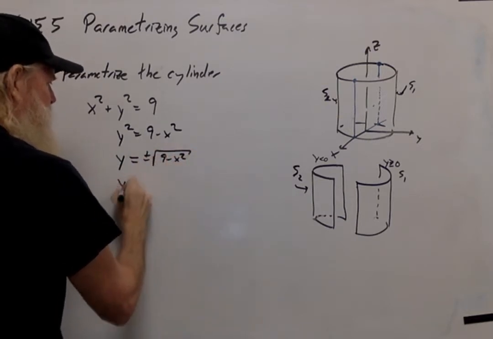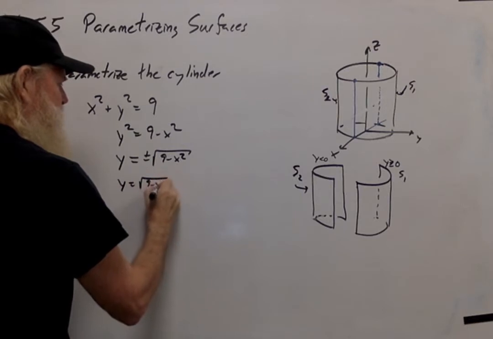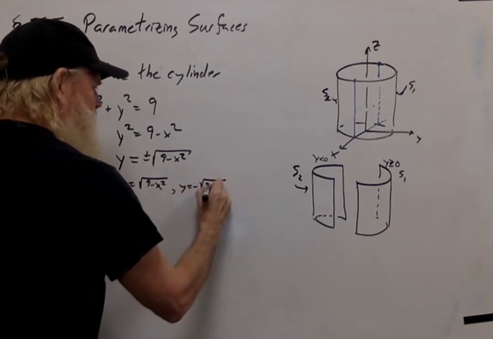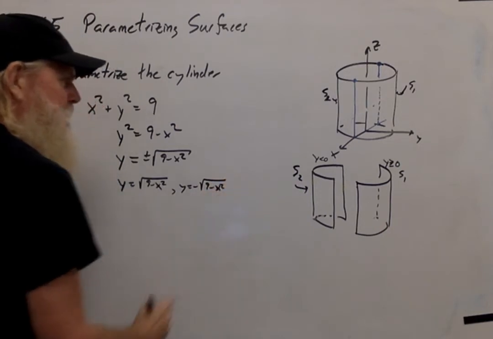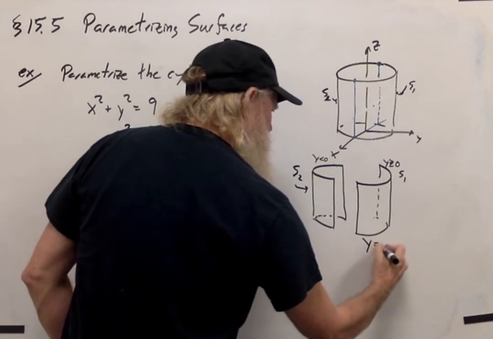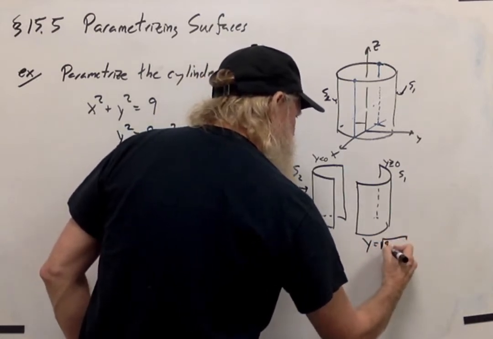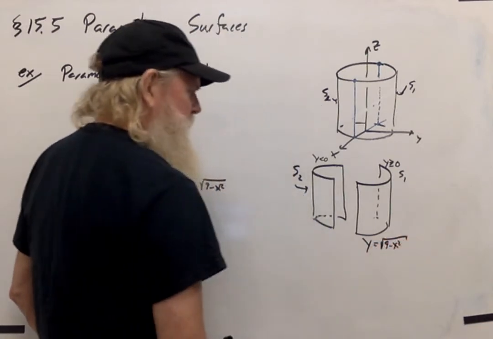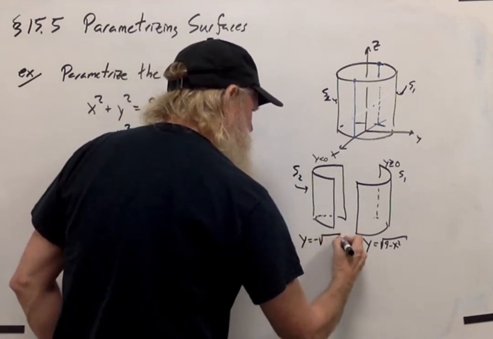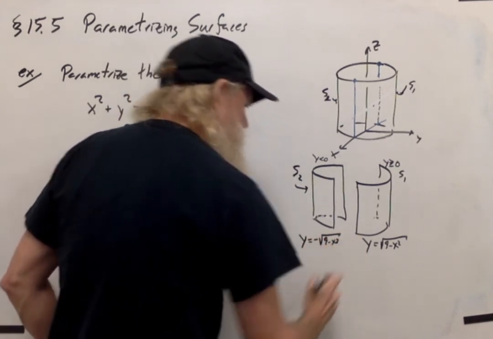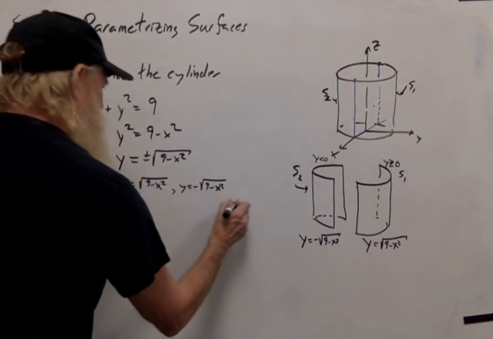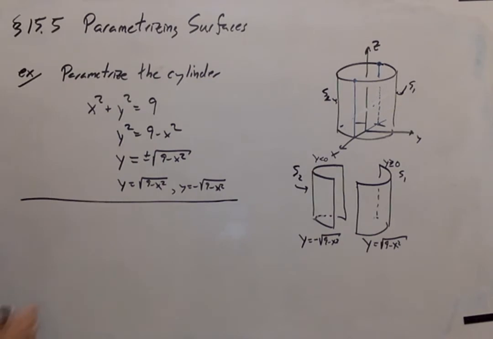So either y is the square root of 9 minus x squared, or y is negative the square root of 9 minus x squared. So over here on the right, this is the graph of y equals the positive square root of 9 minus x squared. And over here, y is negative the square root of 9 minus x squared.